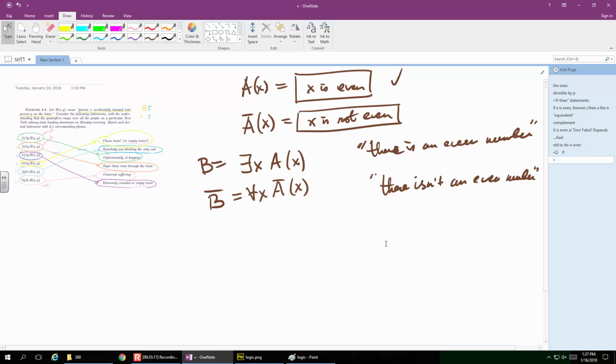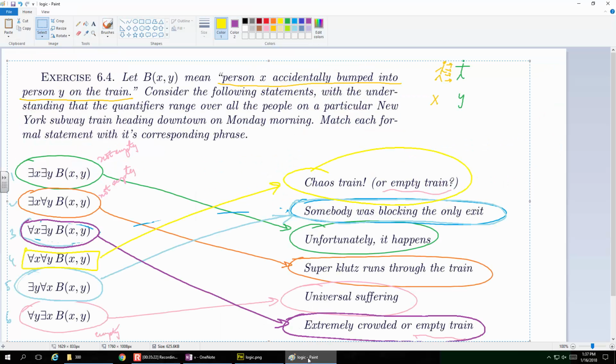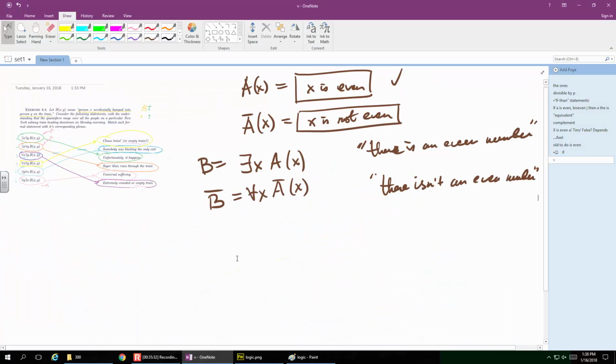You can certainly go back to this statement. Well, that's a bit too complicated. So let's pick a statement A of x: x is a math major.